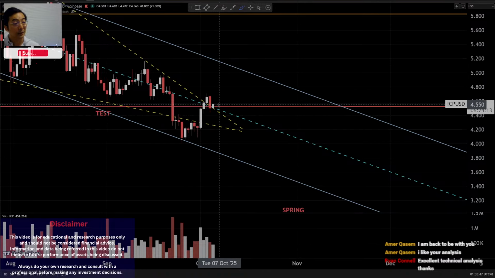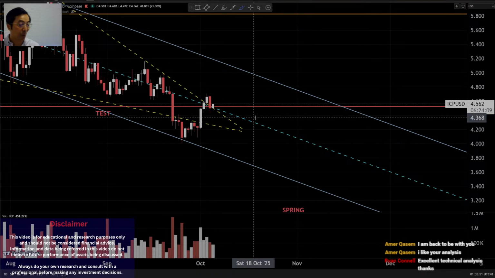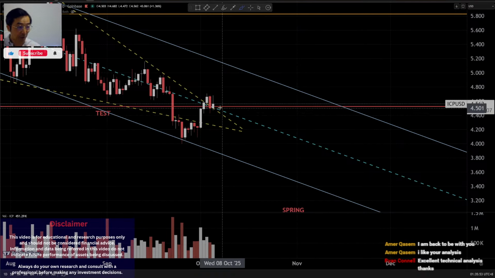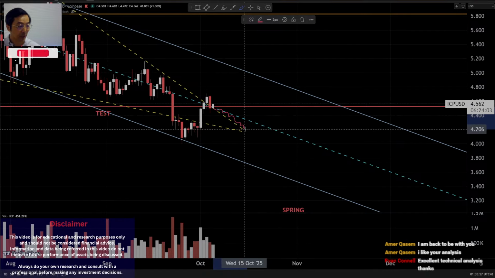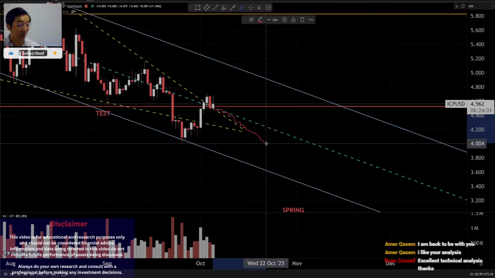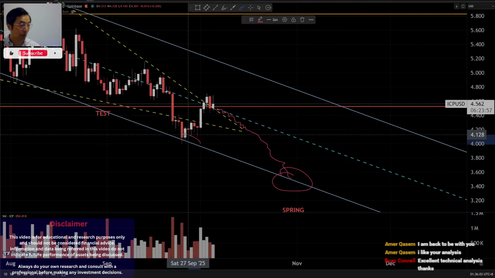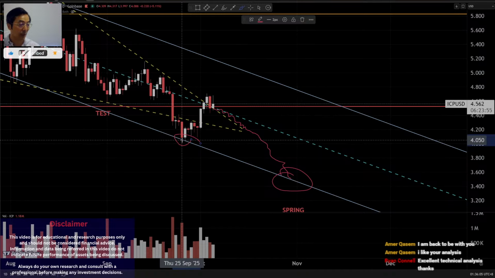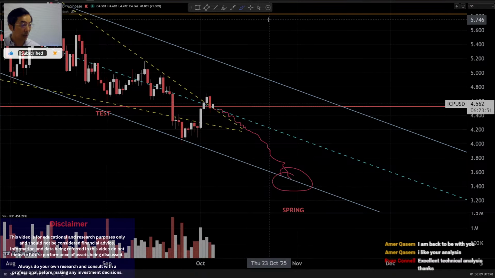So ideally it shouldn't come into this yellow wedge again. Instead it may follow this, finding support along this yellow line. Unfortunately, if it comes down to once again test the bottom, much like what it did on last Friday. So that's the daily.